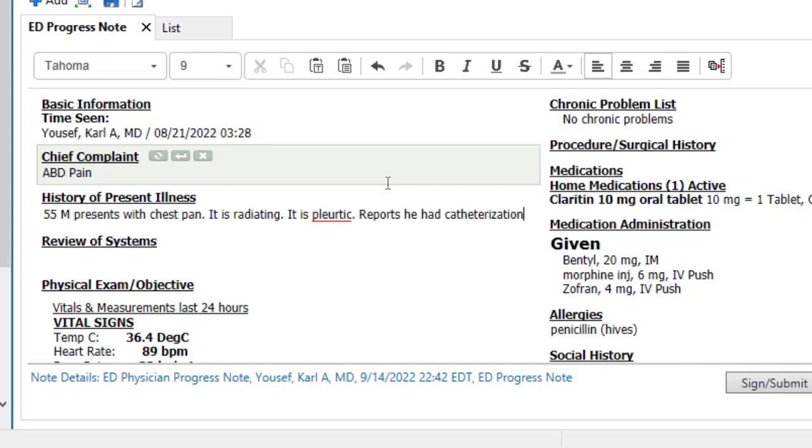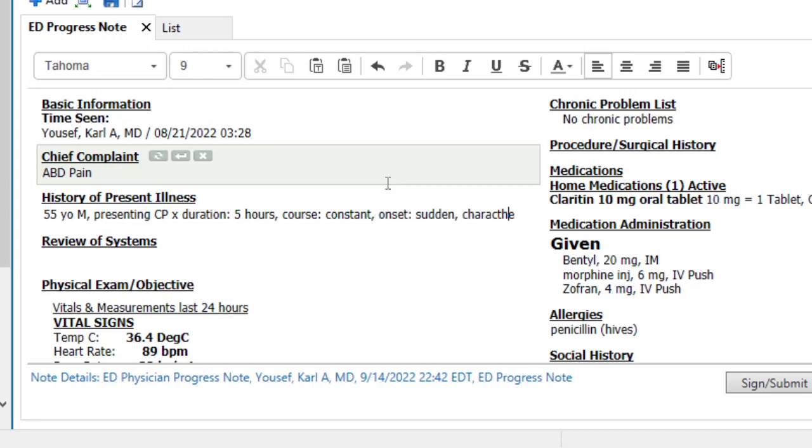Now, what we'd rather do is, even if we were writing this from scratch, which we do not have to, we want to focus on systemization. So we want to know it's a 55-year-old male presenting, and I'm purposely not using any dot phrases here. He's presenting with chest pain. The duration is 5 hours. The course is constant. The onset is sudden.